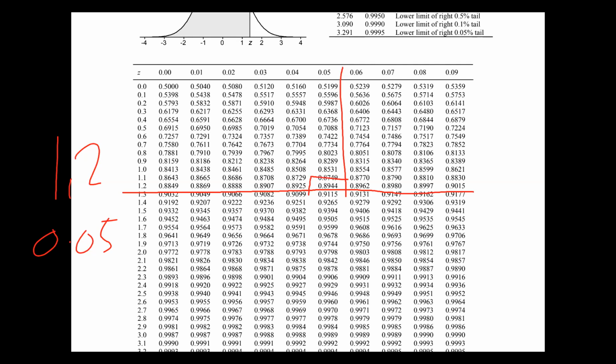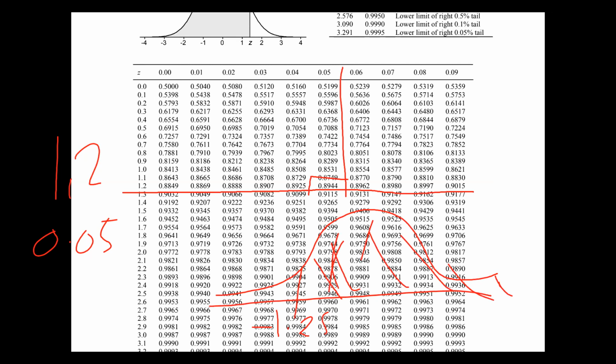You have seen this area? Yes, sir, we have seen it. So this area, it covers all the area from what? All this area to the right. It covers the area that is greater than this value.